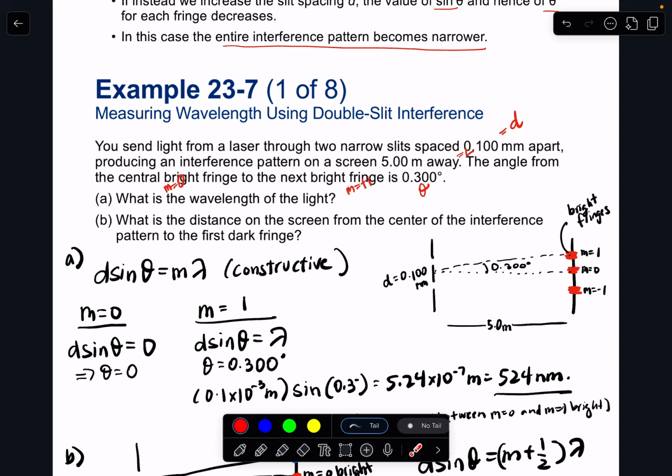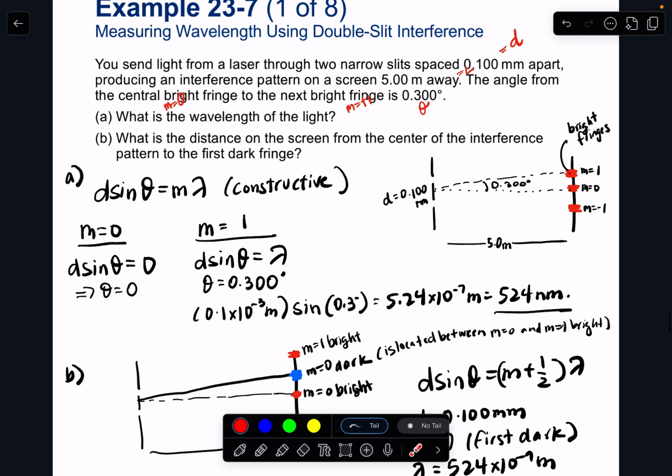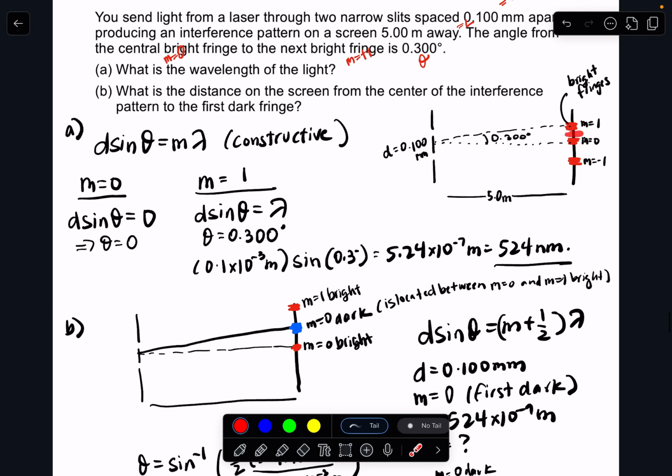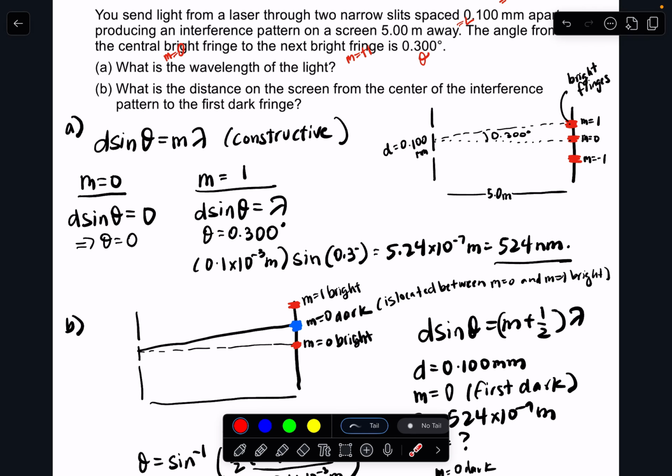And you might remember from our discussion earlier that the first dark fringe occurs right here. I drew the picture. So here's our double slits separated by distance d. Here's our central line, and this is the distance the screen is away from the slits, which is 5 meters.